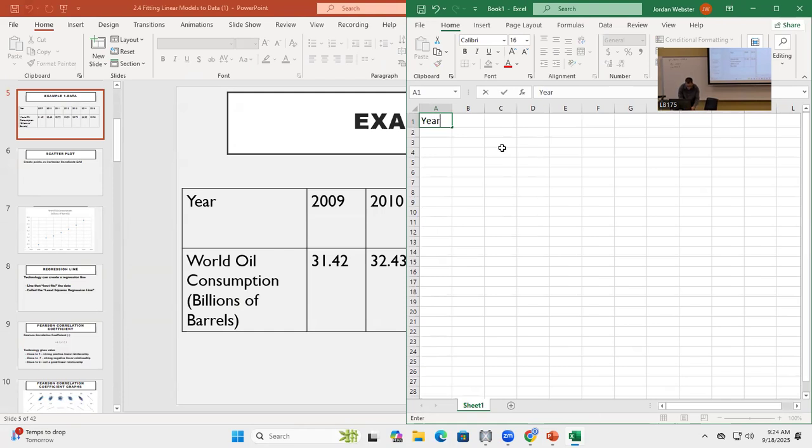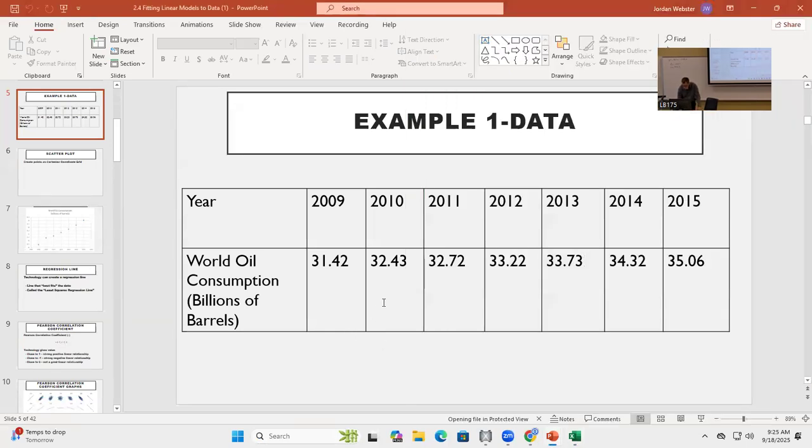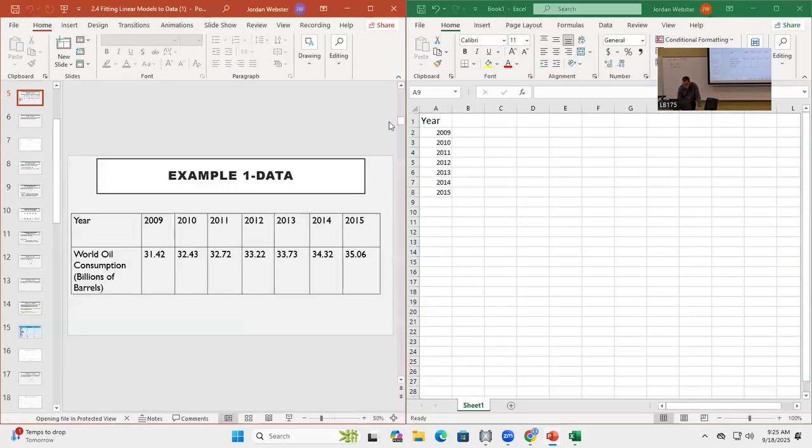So I'll put year as the X values, and then I'll put in all those X values: 2009, 2010, 2011, 2012, 2013, 2014, 2015. I think that was it. Yep. And then I'll put in the corresponding oil consumption in billions of barrels.